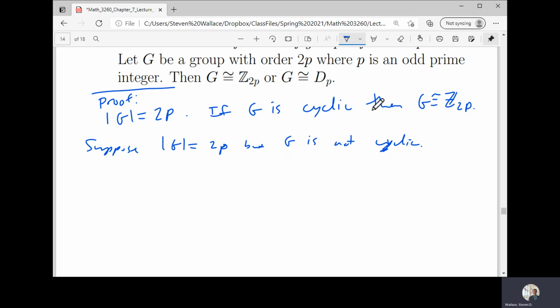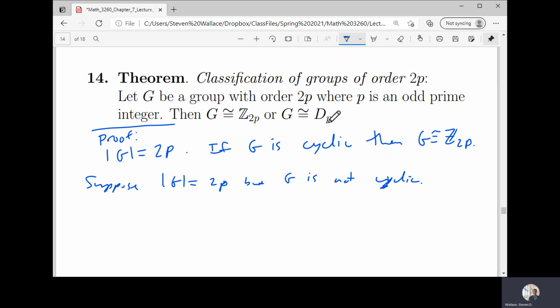Anyway, the generator for the cyclic subgroup of the dihedral group has order p.